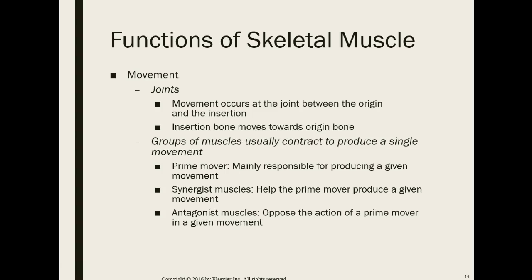So we have three different types of groups of muscle. We have the prime mover, which is responsible for producing a given movement. The synergist muscles, which are going to help the prime movers. And then the antagonists, which are going to oppose the action. So the biceps brachii is responsible for flexing our arm.